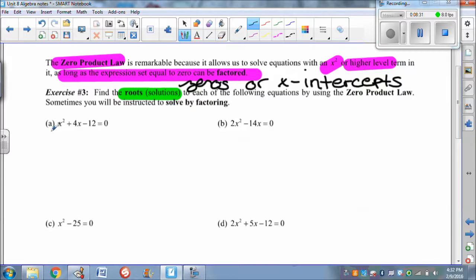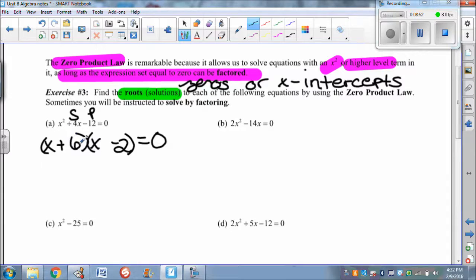So if I were to take this first equation, it's already set equal to 0 for me, so I've got to factor it. In order to solve it, it has to be set equal to 0, and we can factor it. So sum and product, so I know it's going to be plus 6 and minus 2.